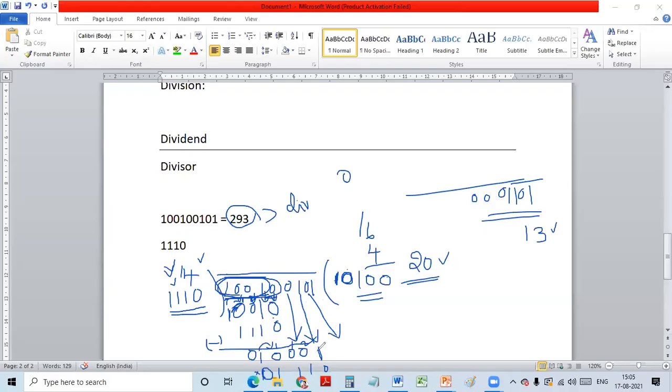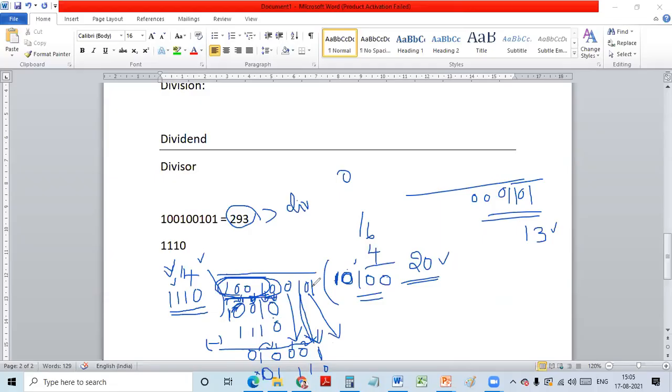If the partial remainder is greater, obviously the quotient will be 1. If it is lesser, then I have to take one more bit from the dividend, and your quotient has to be shifted right side. How many number of bits we are taking extra, that many number of bits it has to be shifted. And then perform the subtraction. Proceed, go on.